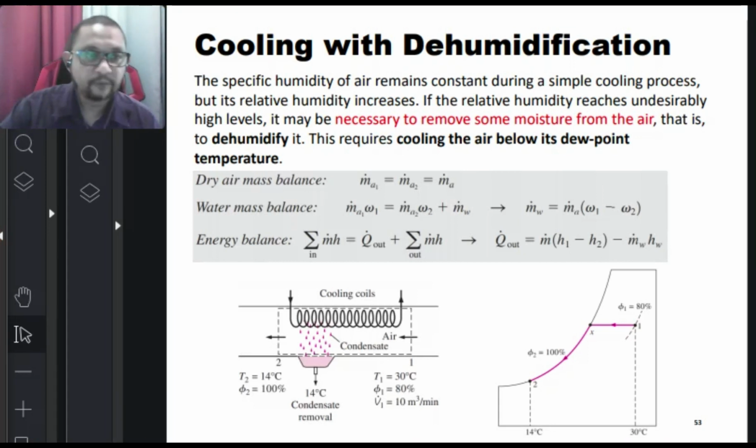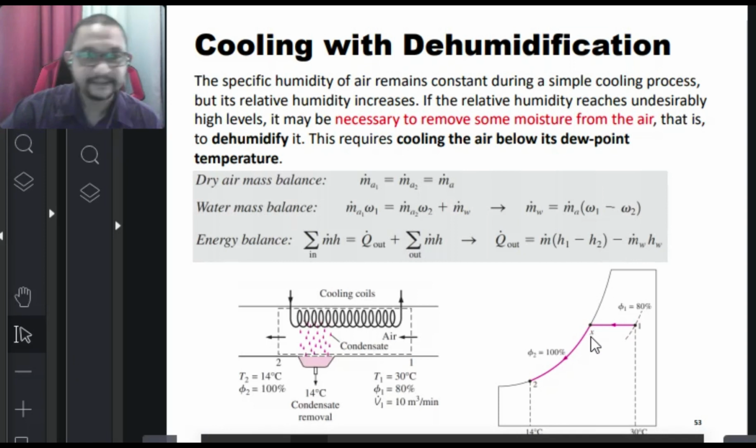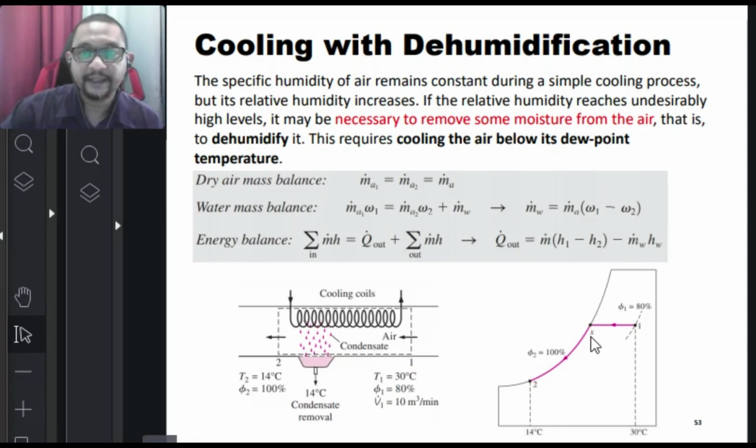The process: the hot, moist air enters the cooling section at state 1. As it passes through the cooling coil, the temperature decreases and its relative humidity increases at constant specific humidity. If the cooling section is sufficiently long, the air reaches its dew point, that is state X, as you see in the chart, where it is saturated air. Further cooling of the air results in condensation of part of the moisture in the air.